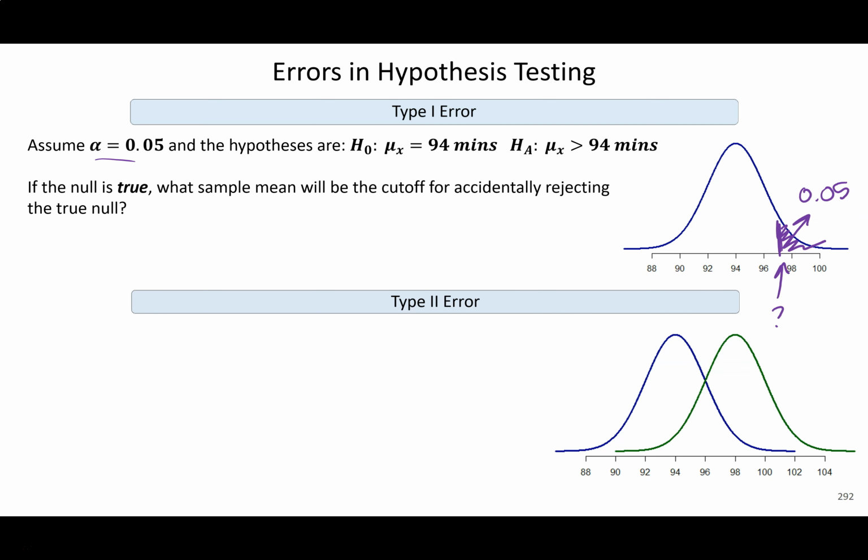So what we're actually going to be doing is finding a percentile. If this is 0.05 to the right, it's 0.95 to the left. I am looking for the 95th percentile. So things to note: if the null is true, mu is equal to 94 minutes.